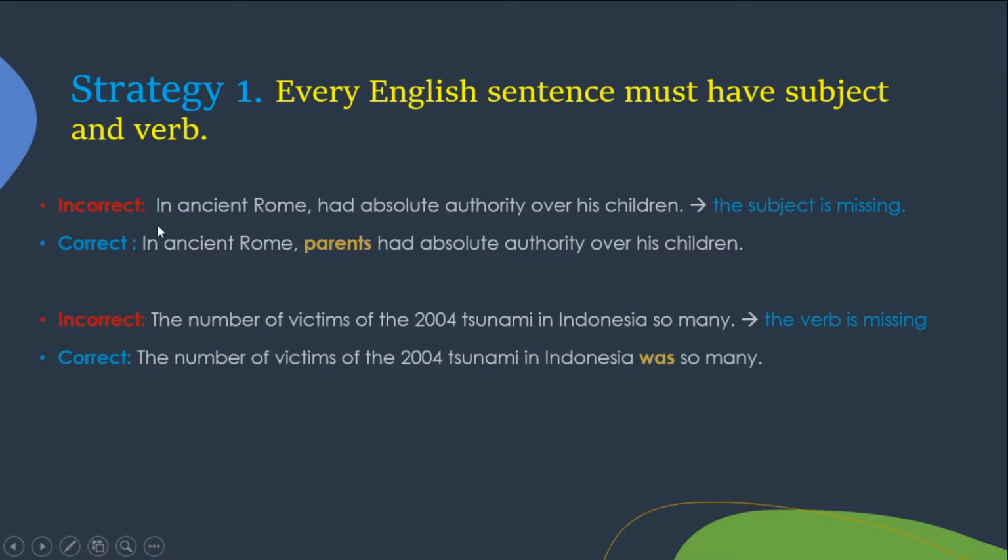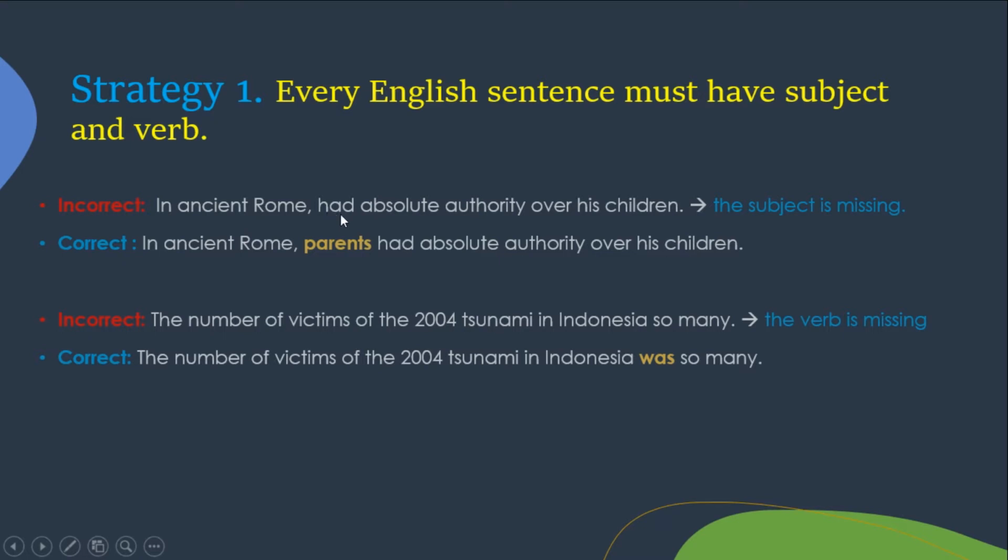As you can see the example here, right? In ancient Rome, had absolute authority over his children. If we break down this sentence, in ancient Rome is the adverb, and then had is the verb. So the subject is missing here, because the subject comes before the verb, but there is no subject here.